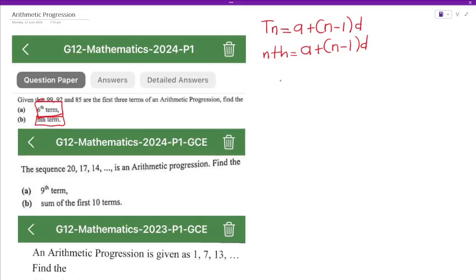The next one is for finding the common difference, which is d equals t2 minus t1, or d equals t3 minus t2. The next one is for finding the arithmetic mean, which is 1 over 2 open bracket a plus c close bracket.